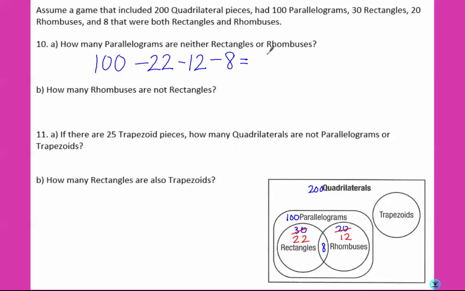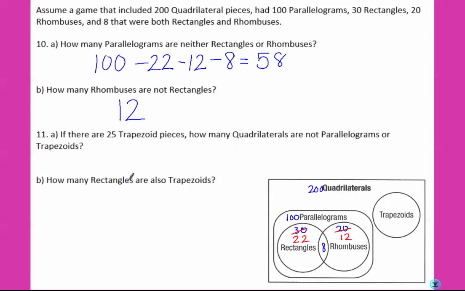So that means there are 58 parallelograms that are neither rectangles or rhombuses. How many rhombuses are not rectangles? So the ones that are rhombuses but not in the overlap would be the rhombuses that are not rectangles, so there are 12.